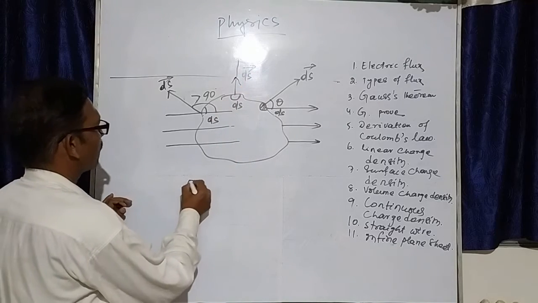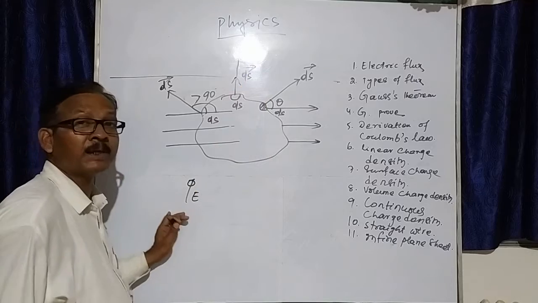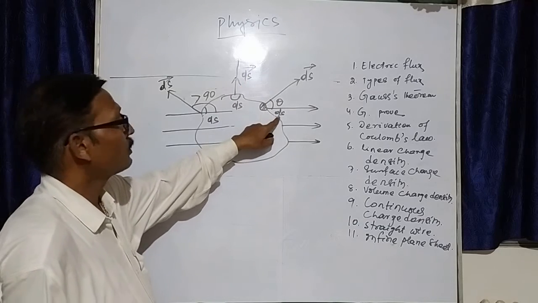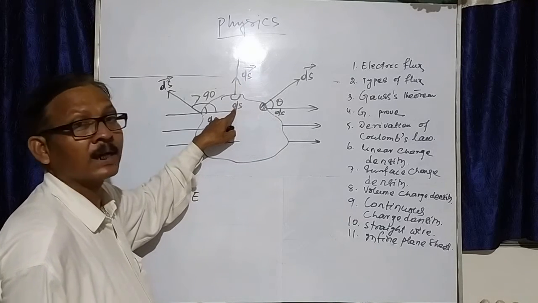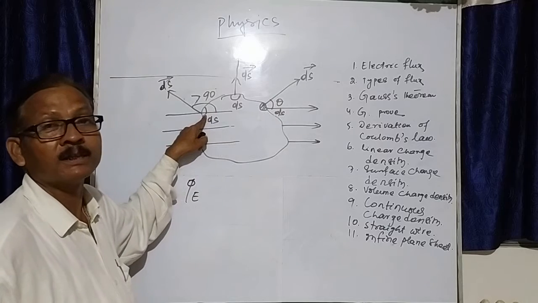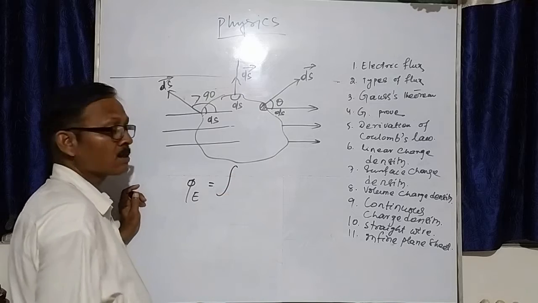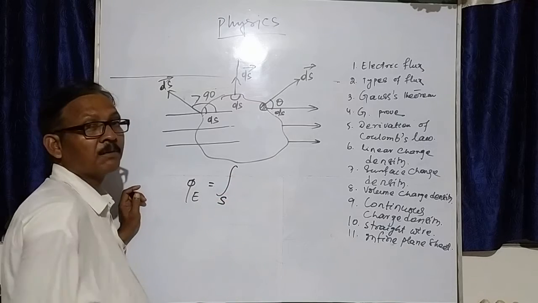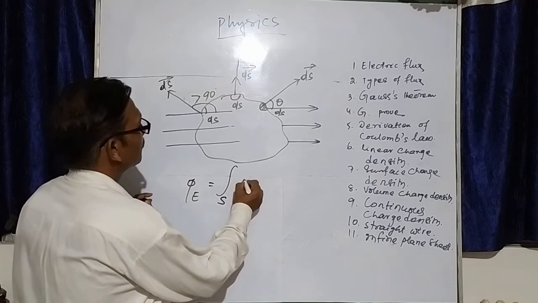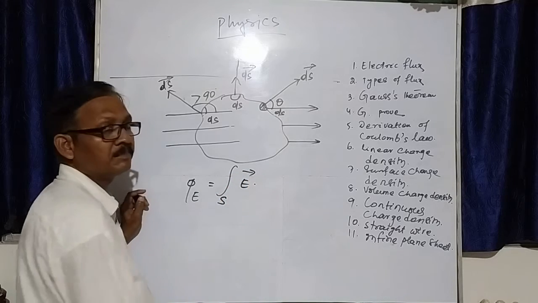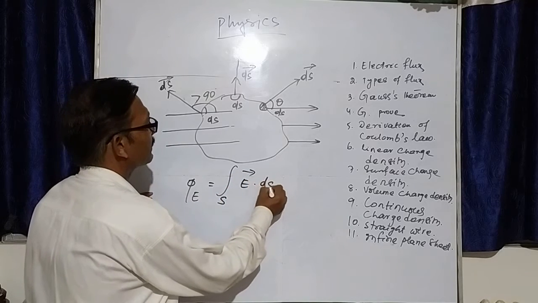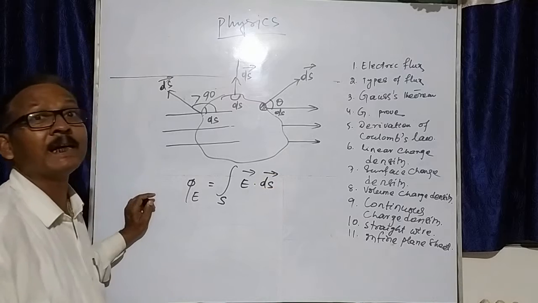So flux, if you take an elementary area, this is a small area, you can tell this is the elementary area. So you take the integration over the total surface S, this is E dot ds area vector or dA vector.